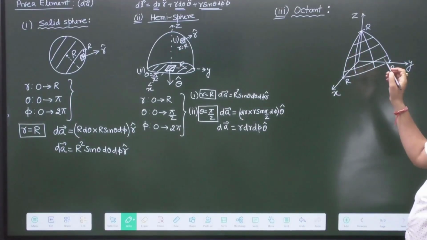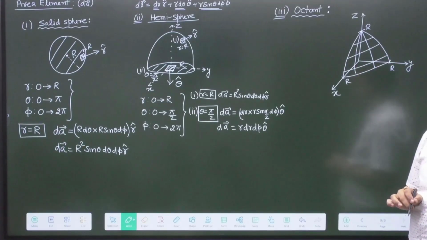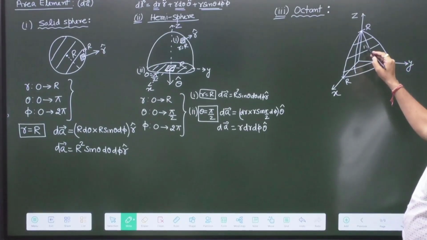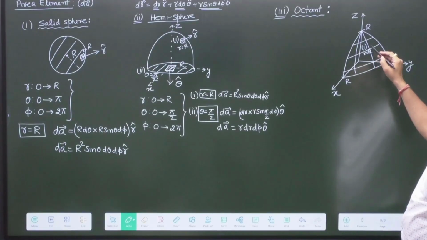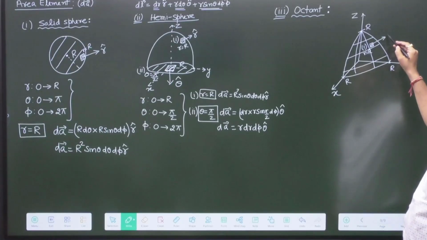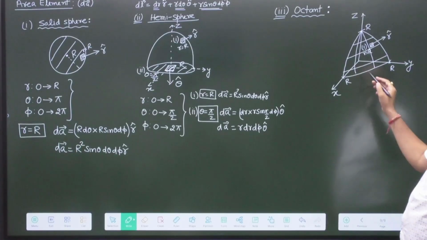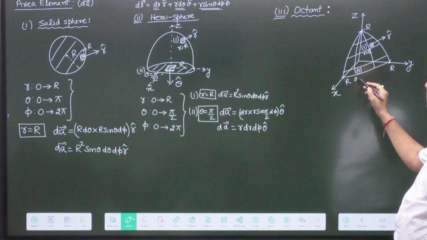So this volume is surrounded by how many surfaces? 4 surfaces. Surface 1 is the r is equal to R surface. You are on the surface of a sphere, so this direction is r cap. Surface 2 is theta pi by 2.